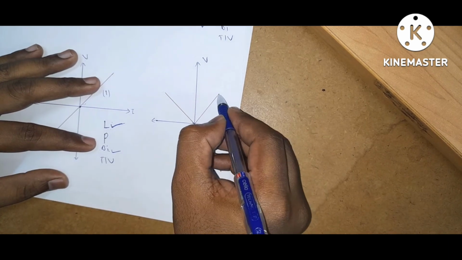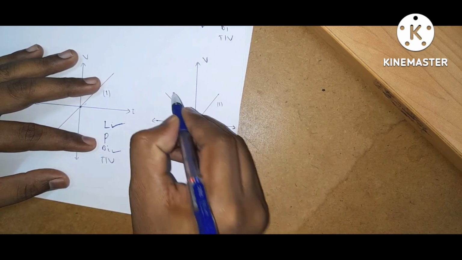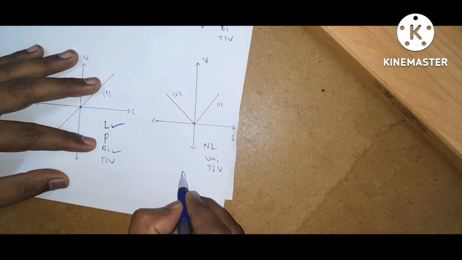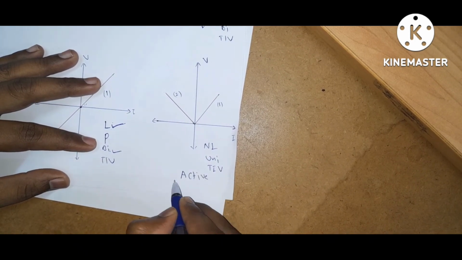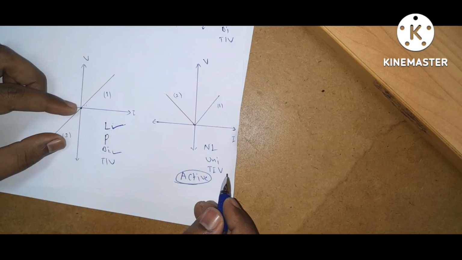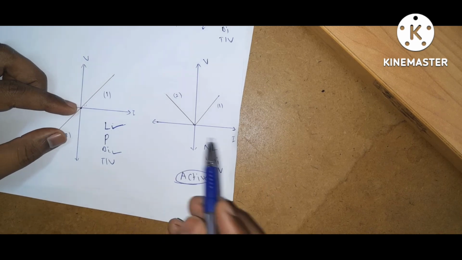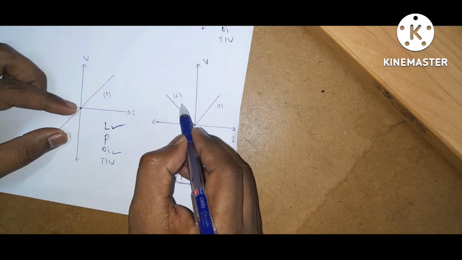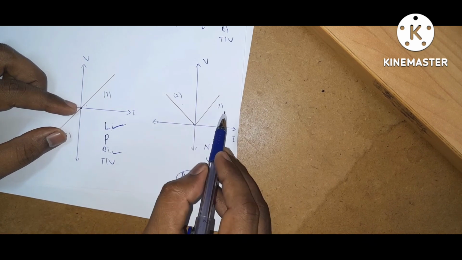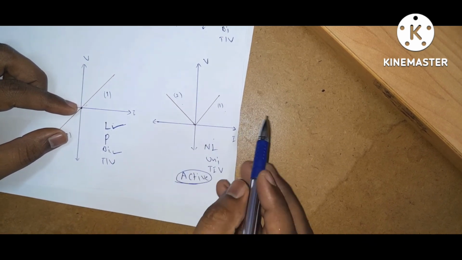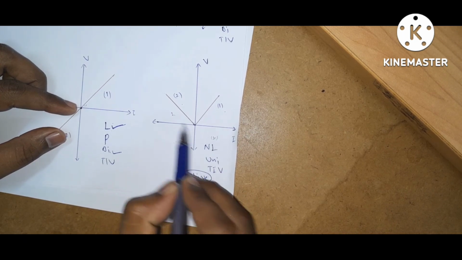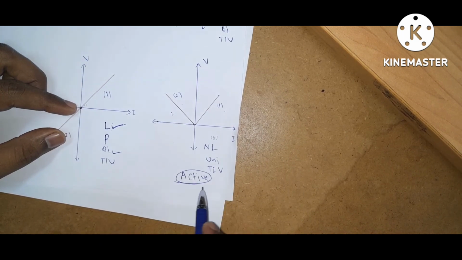Because the characteristic lies in the first coordinate as well as the second coordinate, the element is active. Remember this: a passive element's slope does not lie in the second and fourth coordinate, so it is an active element.